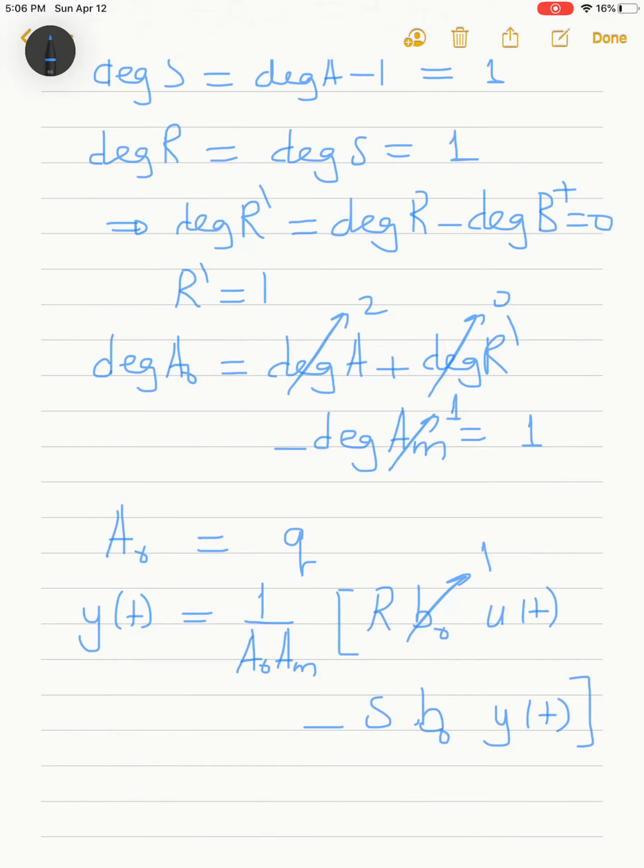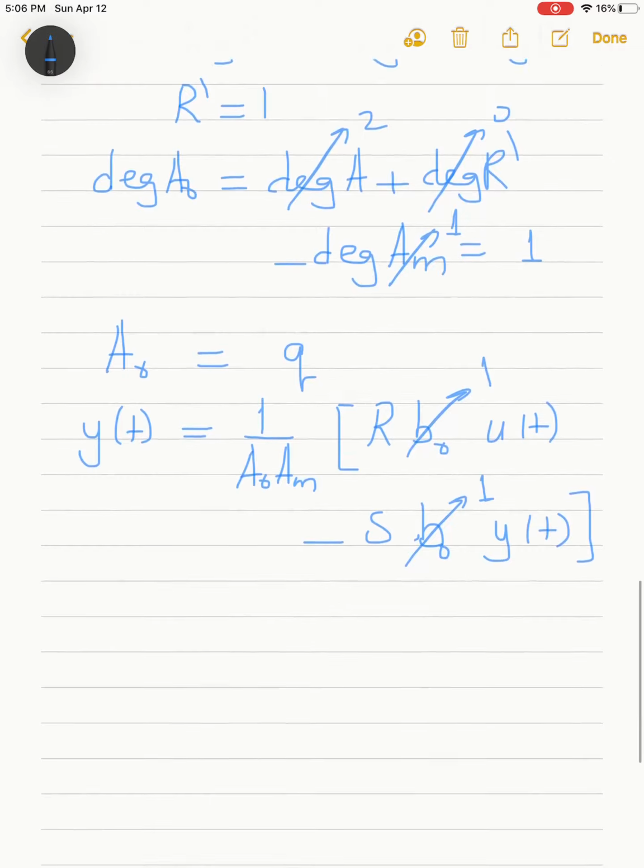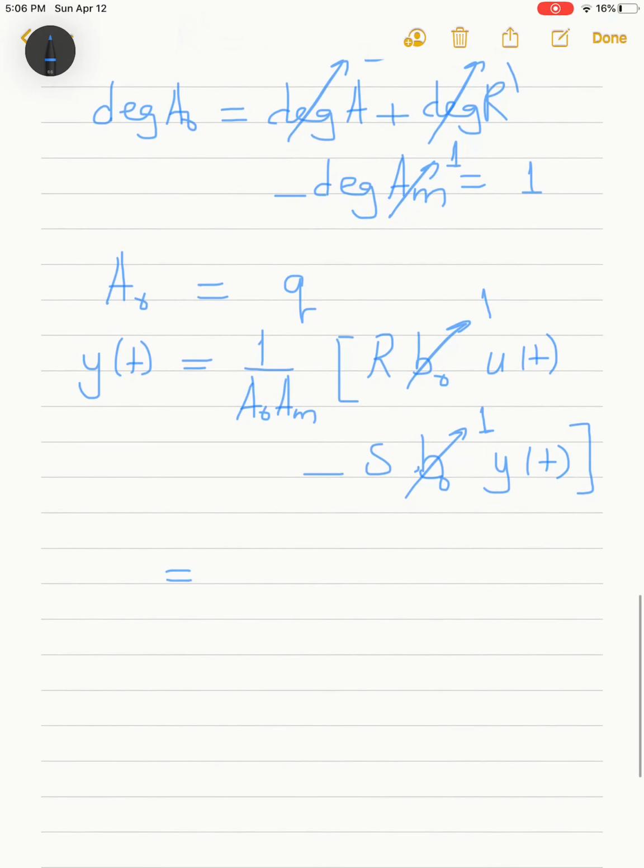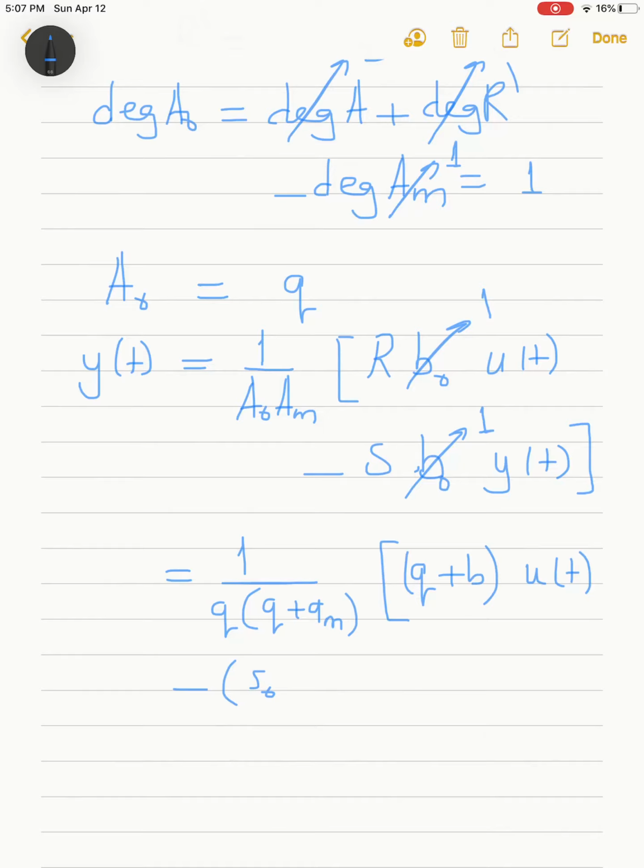Again, B node is equal to 1. So I'm going to substitute here for A node and Am. That would be 1 over q, Am is q plus am, and that multiplies R, and R is q plus b, times u of t minus S. S is a first order polynomial, it is s node, some constant s node times q plus s1, and that multiplies y of t.